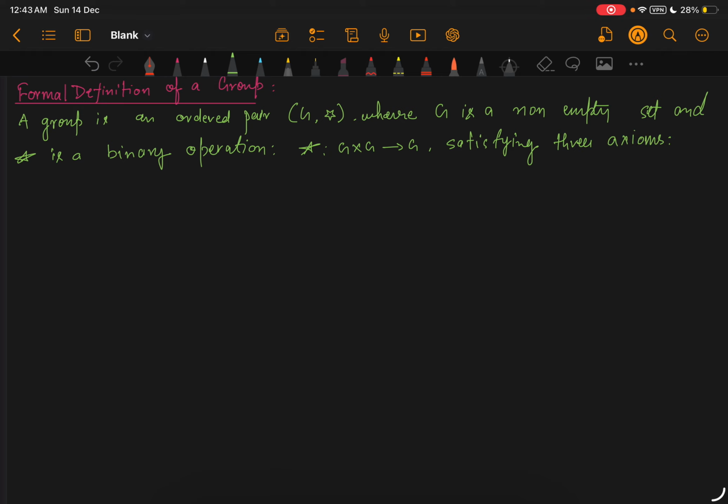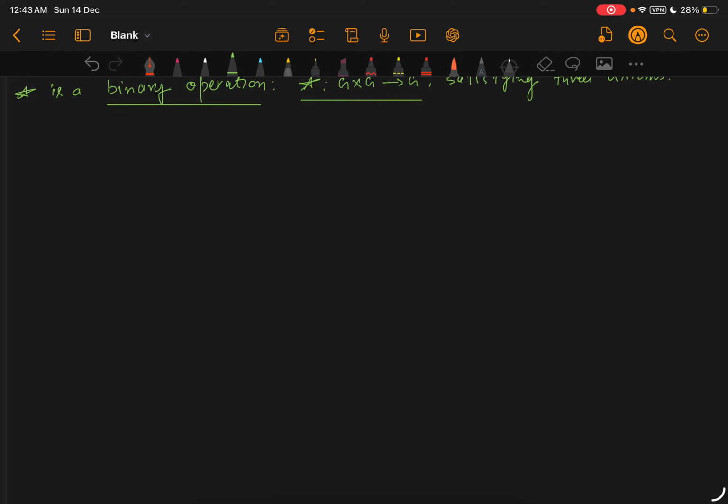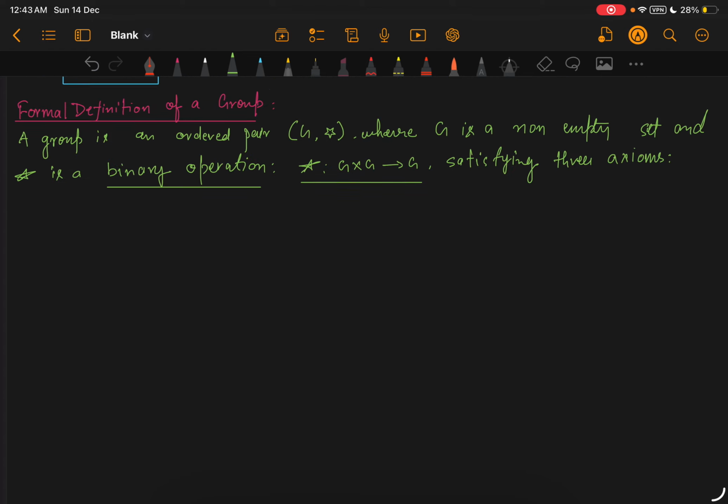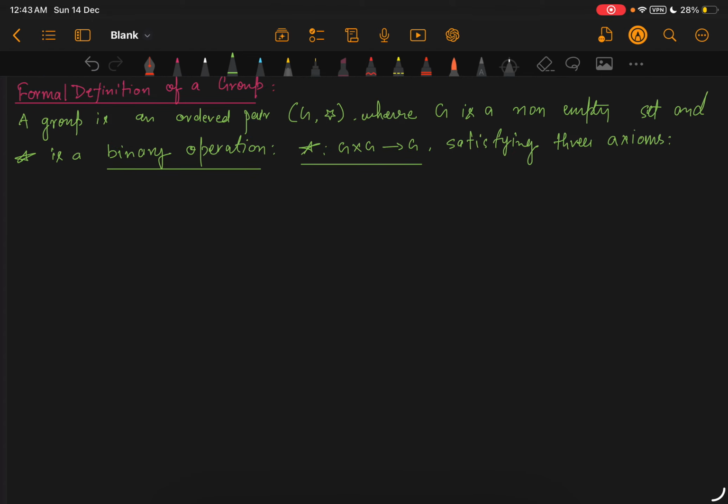What are those? Closure is already covered because it's a binary operation as defined like this. It will always give an element in G, so it's closed. And what are the other axioms that it should satisfy? The first one is associativity.